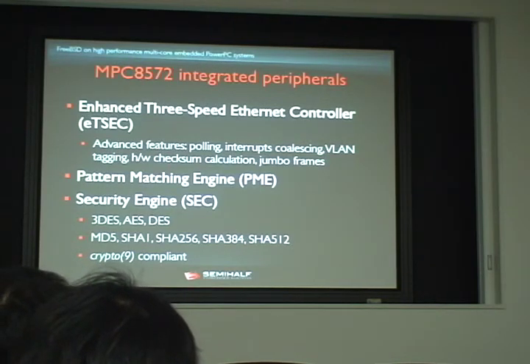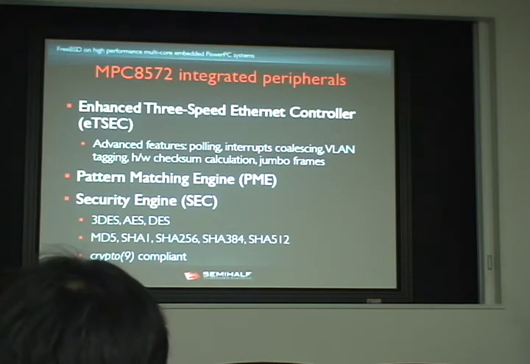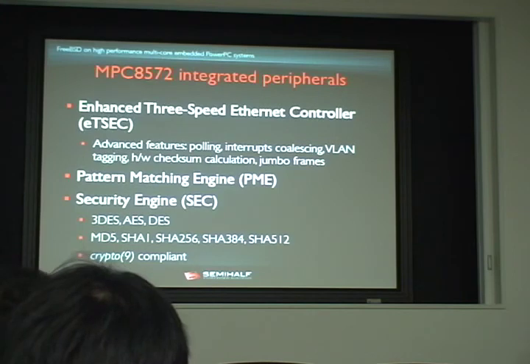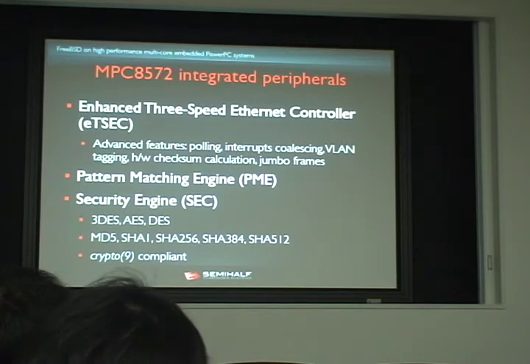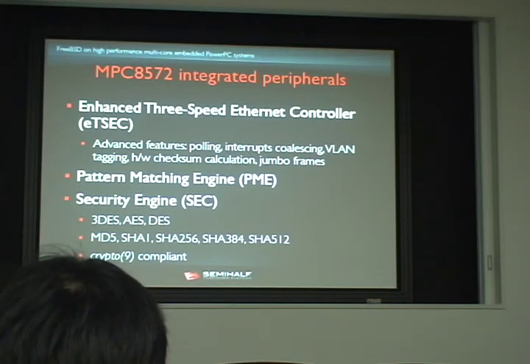The chip has a very interesting module. It's got a pattern matching engine, which is a co-processor sitting on the bus that can snoop on the bus, and you can feed it with regular expression defined strings or data that you are looking for, and it would do the search and find it in hardware.